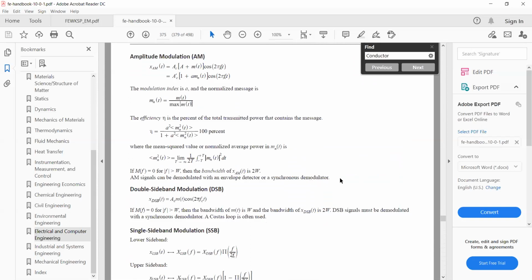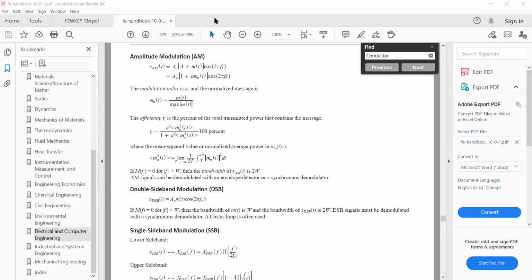Unless you're a computer engineering major, you will probably not use a lot of these: amplitude modulation, double sideband modulation. Some of this looks familiar from controls, but you may not need it for a mechanical test.